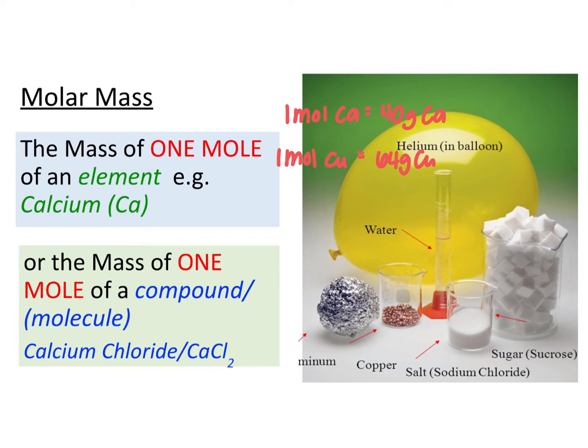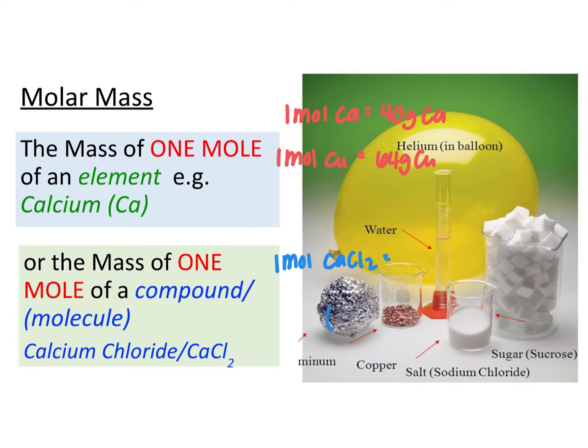And again, I'm just getting these numbers off my periodic table, but I can build off this one step further. If I'm dealing with a compound, for example, then I can also equate the molar mass, or the added decimals of that element, and set that equal to 1 mole. So for example, if I had 1 mole of calcium chloride, I could say, 1 mole of my CaCl2 is equal to, and I would add those decimals together.